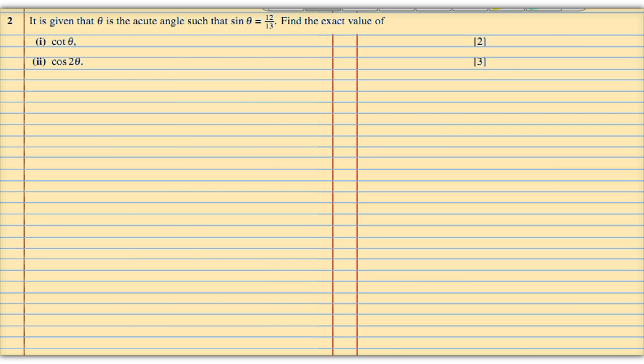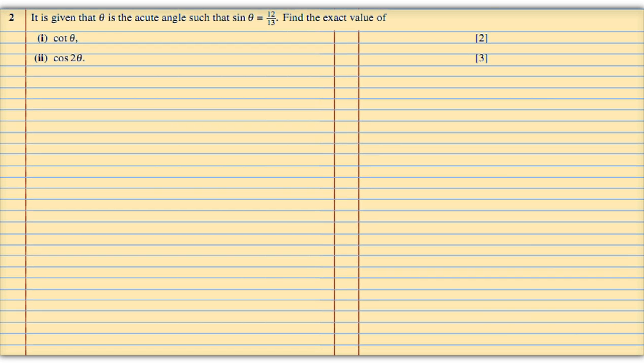Okay, so firstly, we could take this equation, sine theta equals 12 over 13, take arc sine of 12 over 13 to give us theta, or sine inverse of 12 over 13, and that will give us theta.